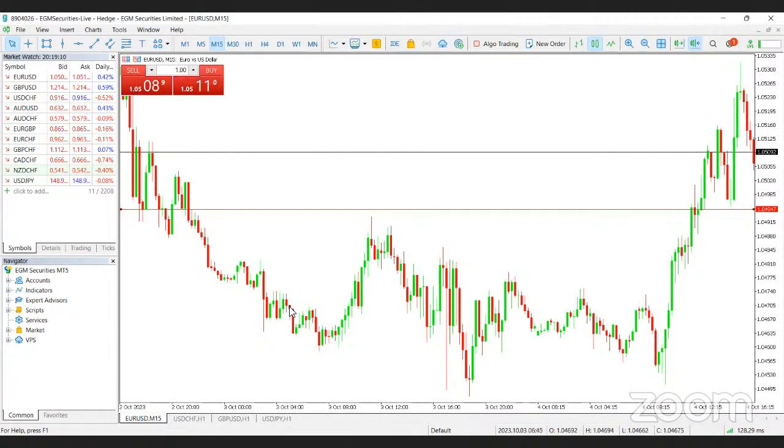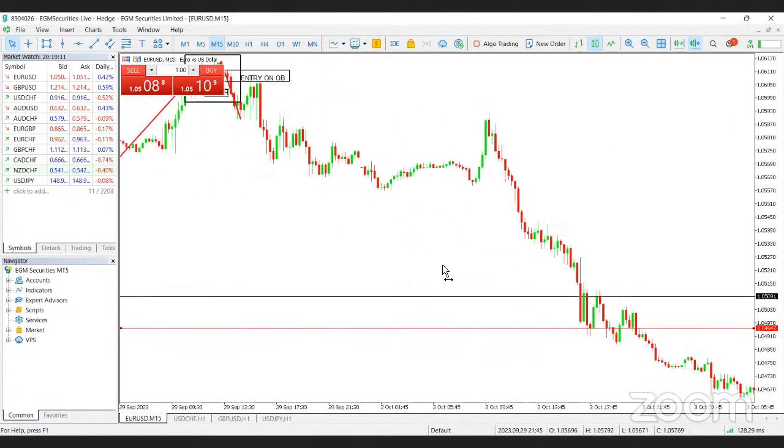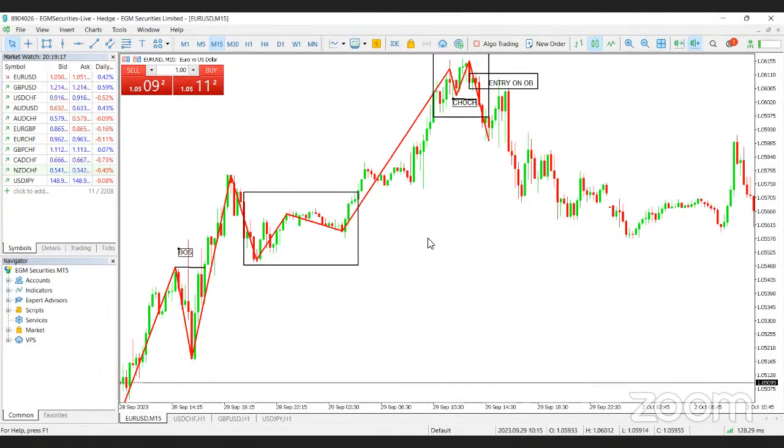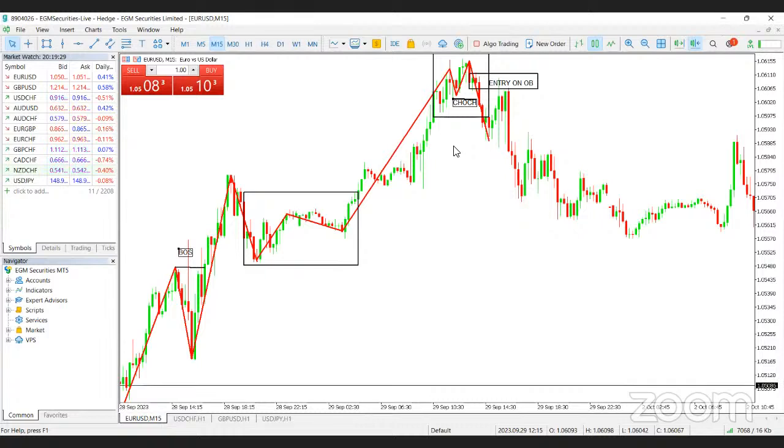So it is trying to change trend. The simplest way of knowing if this market has changed trend is when it breaks the last higher high or the last higher low. It must break both the higher high and the higher low for this market to be considered trend changed.